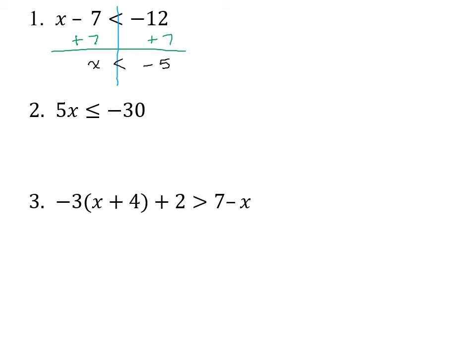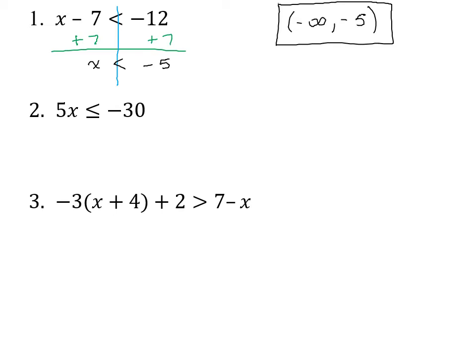So this would go back to the chart where you had x is less than a. This would be your set builder notation, but our interval notation would say that this goes from negative infinity to negative 5, parentheses on everything, because there's no equal to.